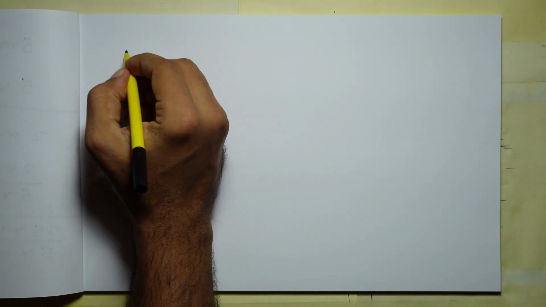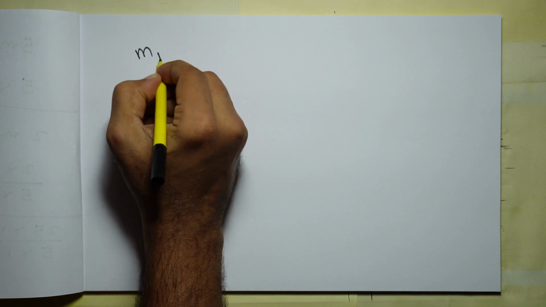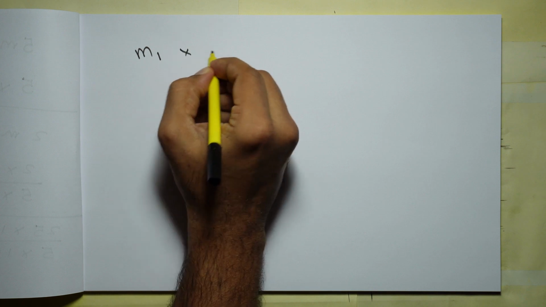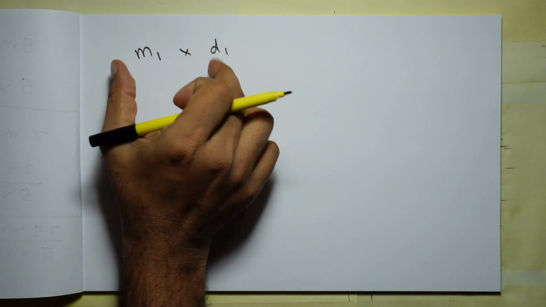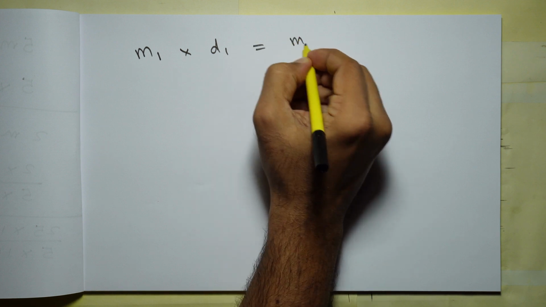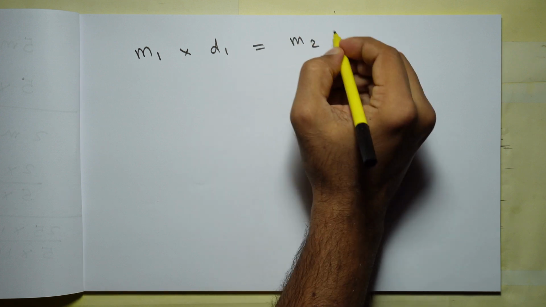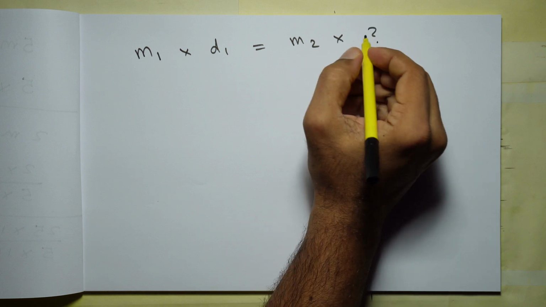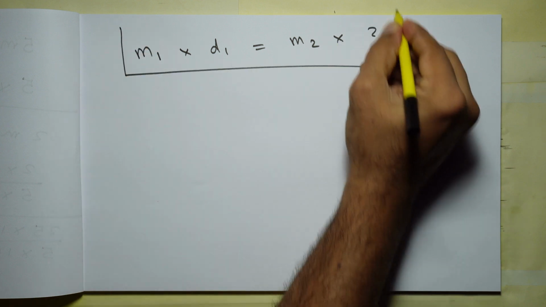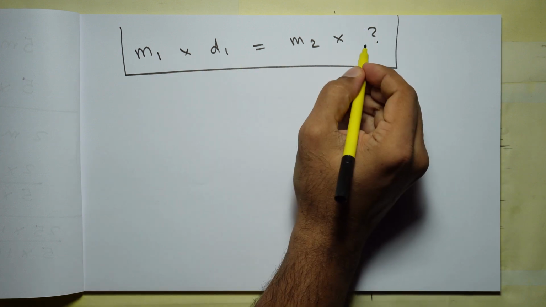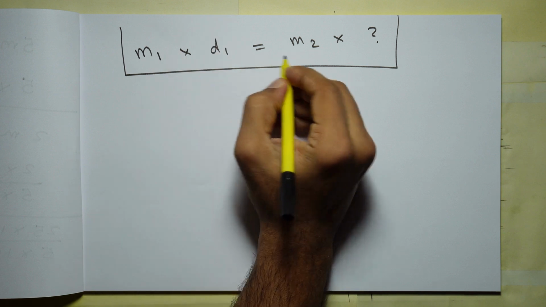A typical question will be like this. Let us say M1 men are there. If they work for D1 days, then the work will be completed. Now you have M2 men. They have to work for how many days to complete the job? From this equation you can calculate the number of days required. This is a typical question under time and work.